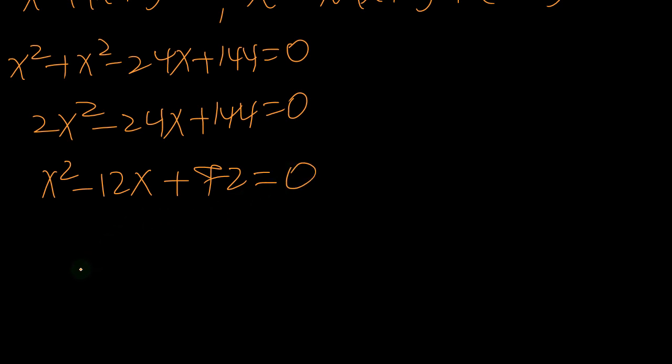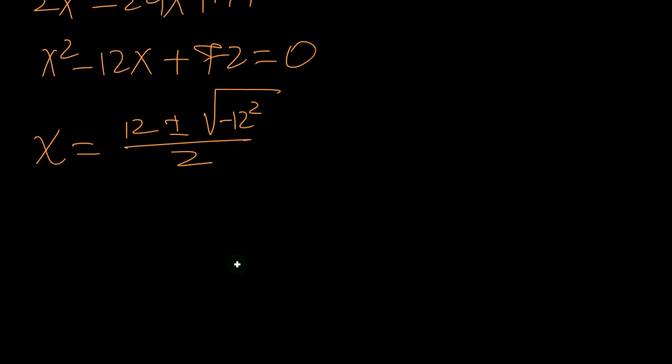This is a second degree equation, so x equals 12 plus or minus the square root of negative 12 squared, divided by 2, so this is 12 plus or minus 12 square root of negative 1.